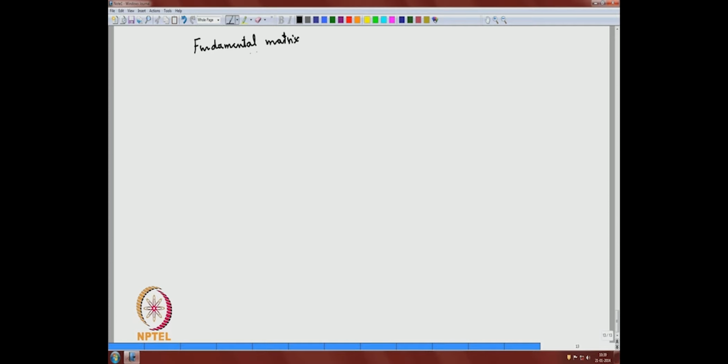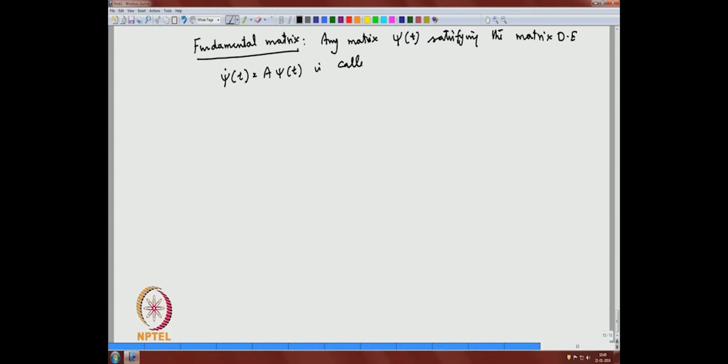So any matrix psi(t), that means consisting of functions, so the entries of psi(t) are functions, satisfying the matrix differential equation psi dot of t equal to A psi(t), is called a fundamental matrix.